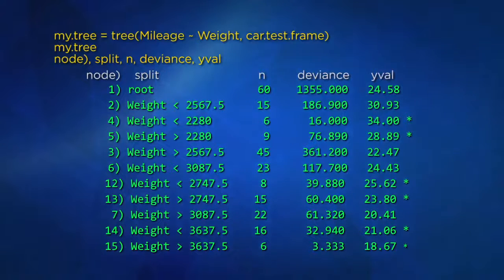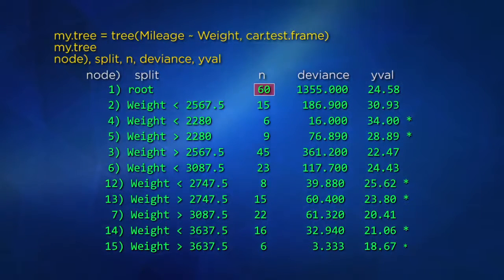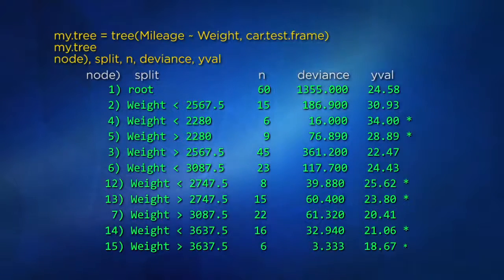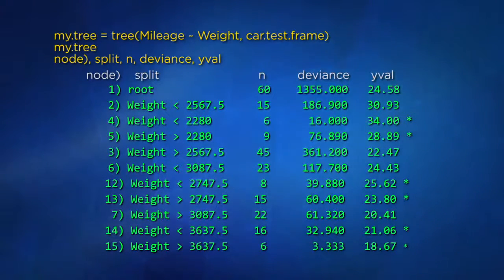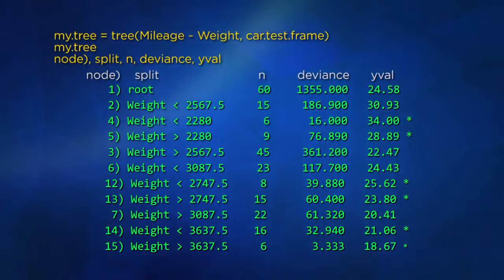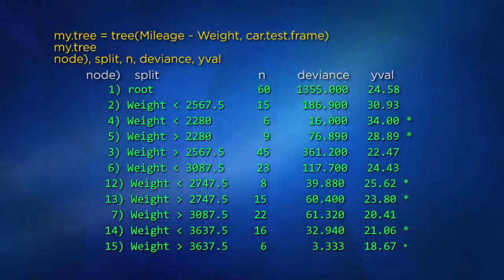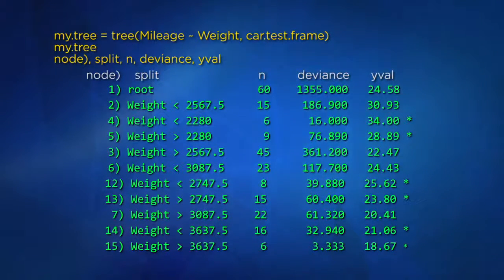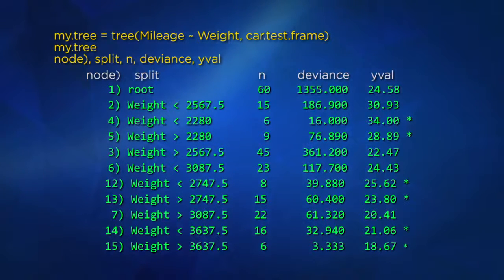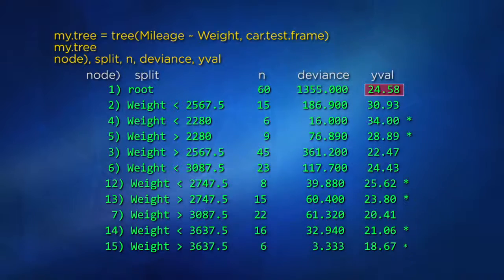This is the origin, and it shows the total number of observations, which is 60. It also gives us the associated deviance of the response variable, or the sum of squares. So SSY is 1,355. Now this is followed by the mean response variable for that subset of the data. So for the root, the overall mean is 24.58 miles per gallon.